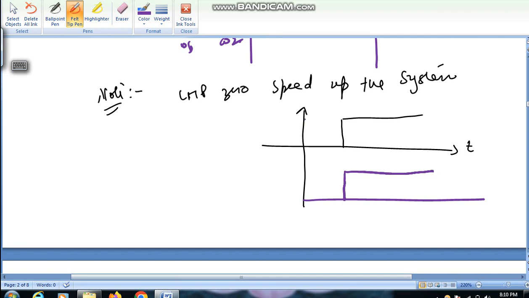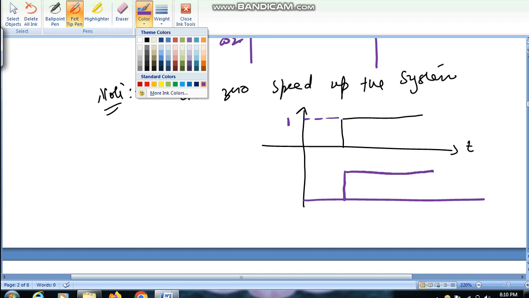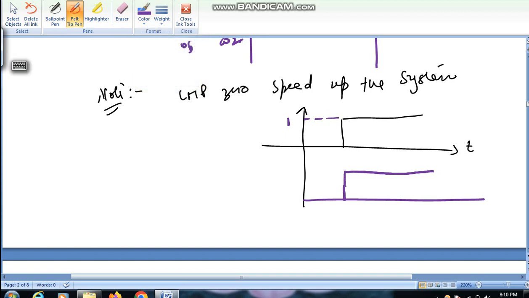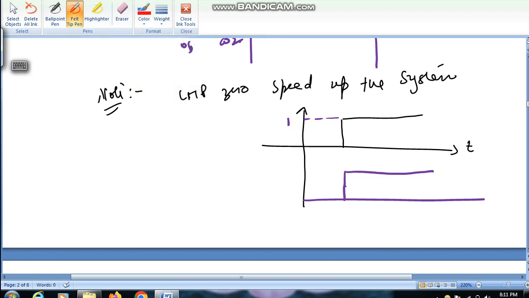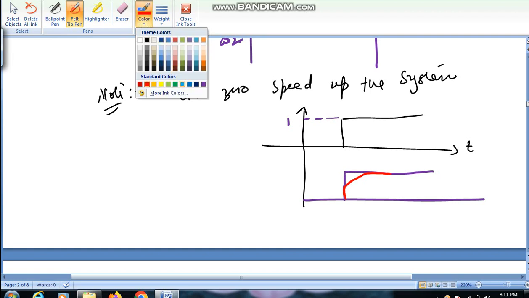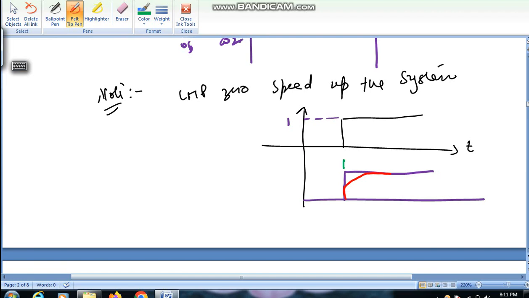Okay, so say this is 1, then another output is like this, and one output is like this.